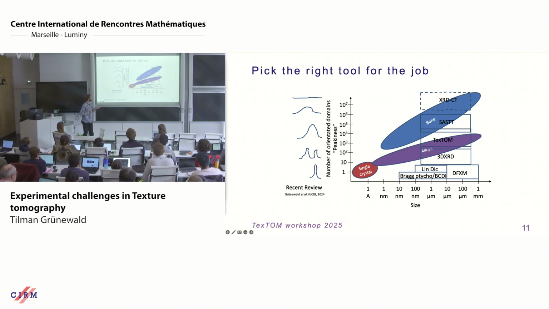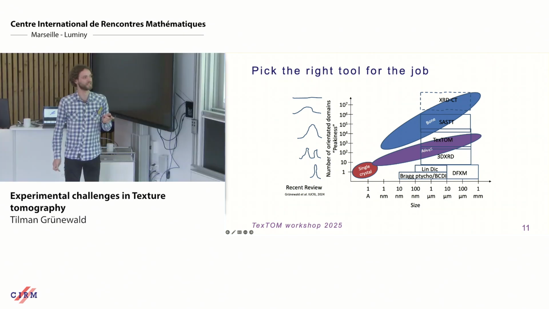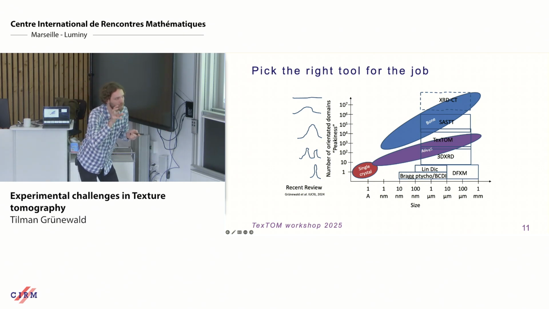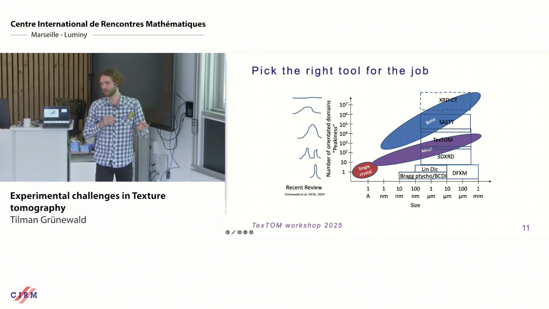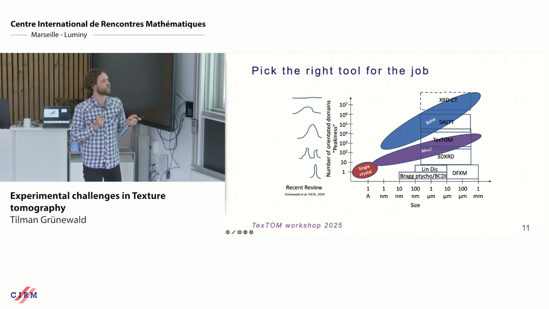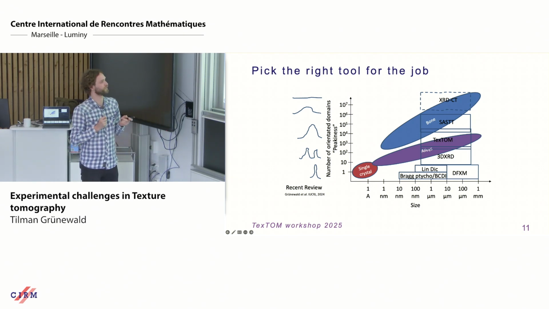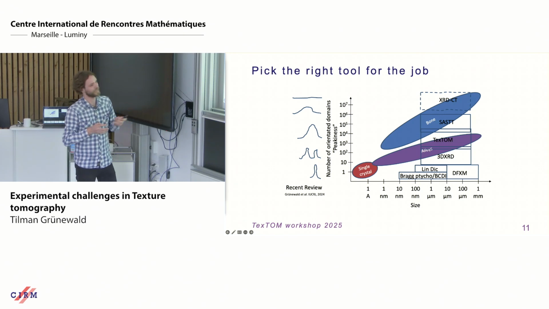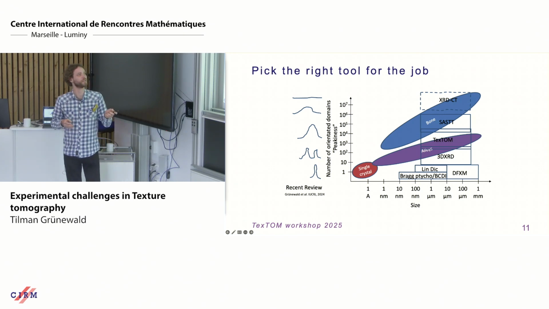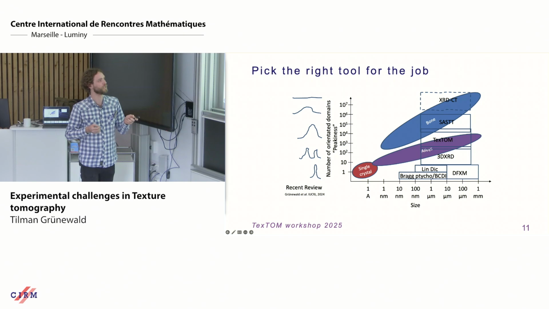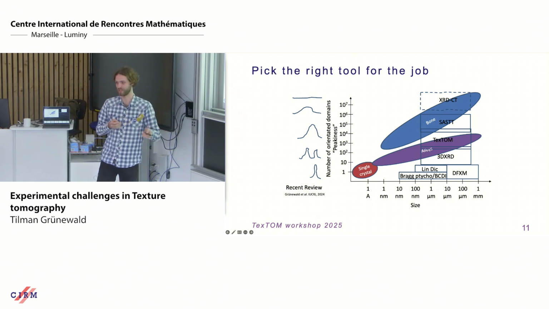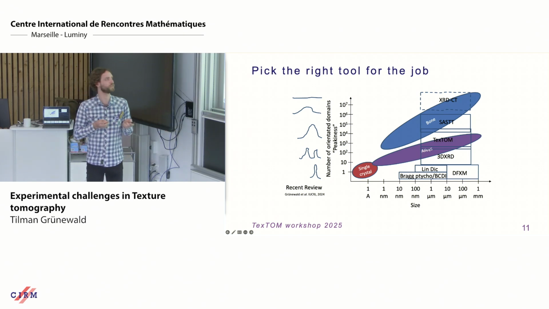Or can we directly image them with these amazing dark field microscopy techniques? Can we single out a single Bragg peak and really look at it in detail with 3D Bragg ptychography, Bragg CDI experiments, or the new kid on the block, the linear dichroism tomography? Or if the peakiness scale gets a bit broader, we have texture tomography, we have SAXS tensor tomography for the nanostructural part of it.